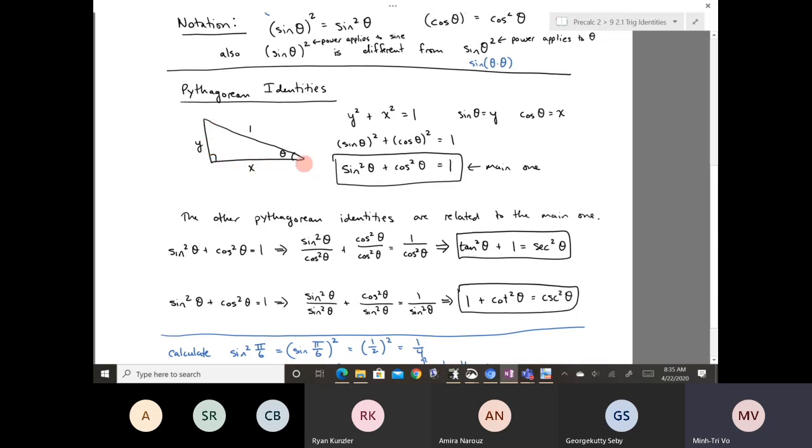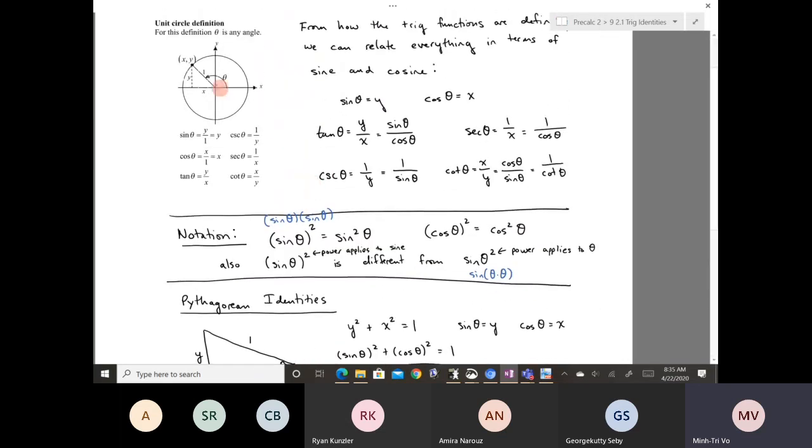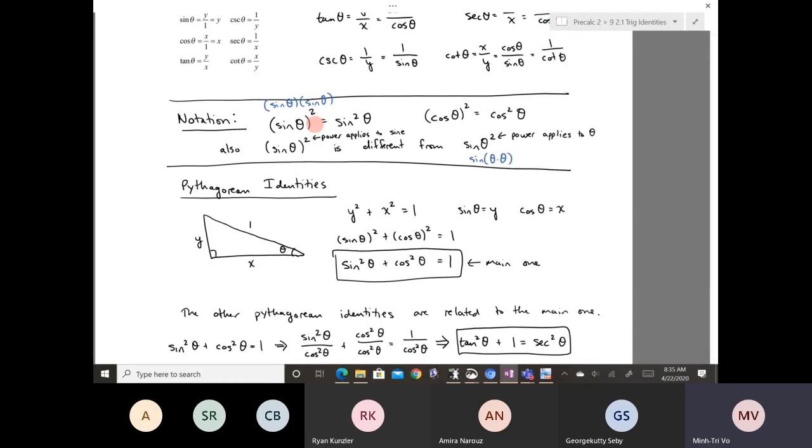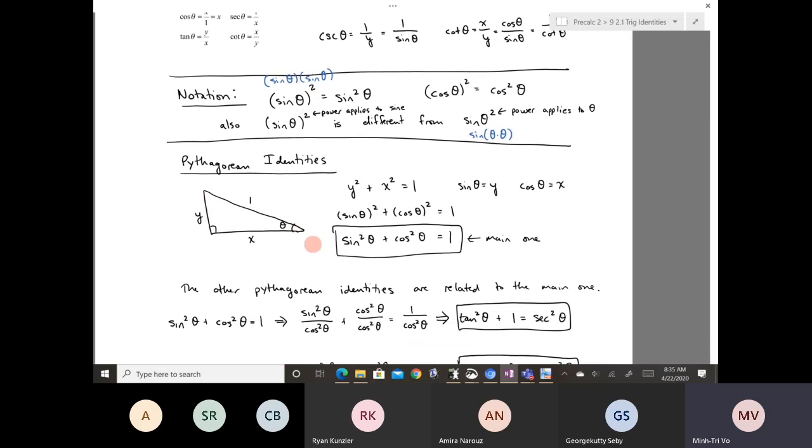If you draw a right triangle with hypotenuse 1, and the two sides are x and y, that's how you fit a right triangle into the unit circle. If you write out the Pythagorean theorem, it's just y squared plus x squared is equal to 1. So this squared plus this squared is equal to the hypotenuse squared.